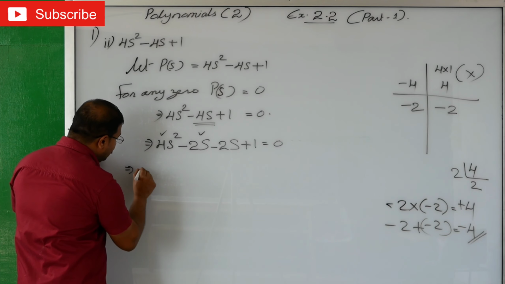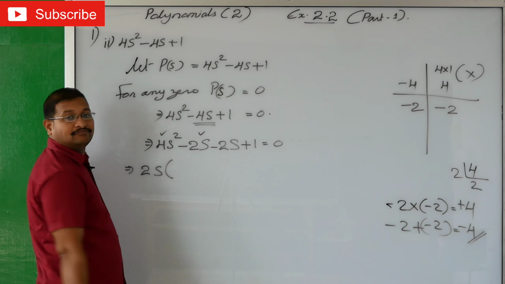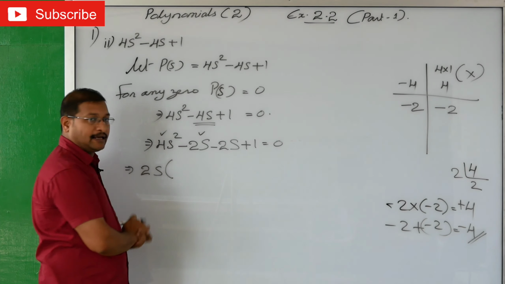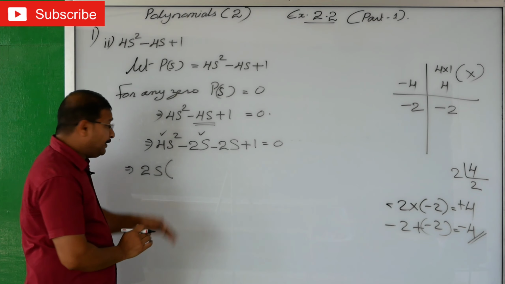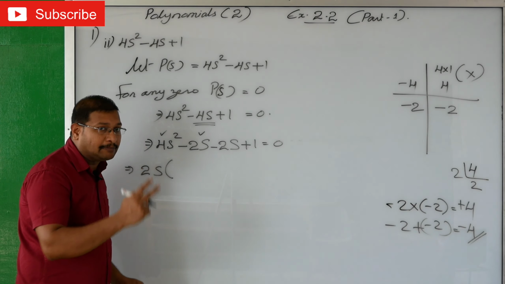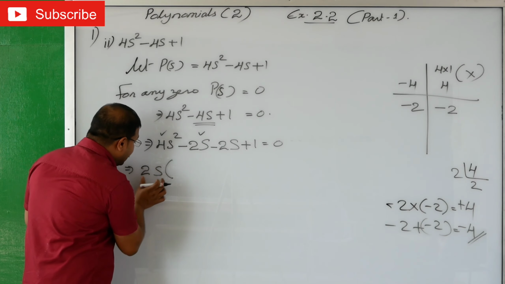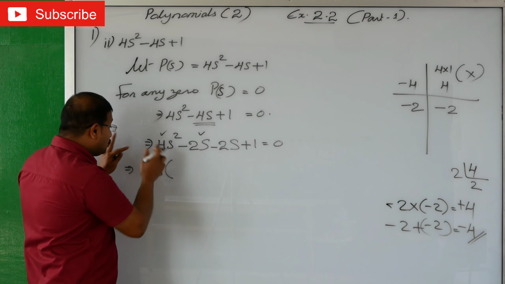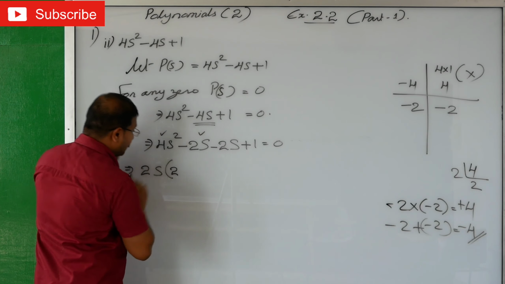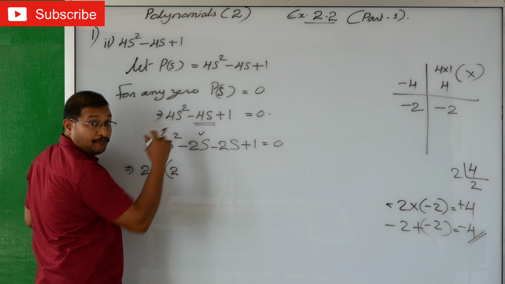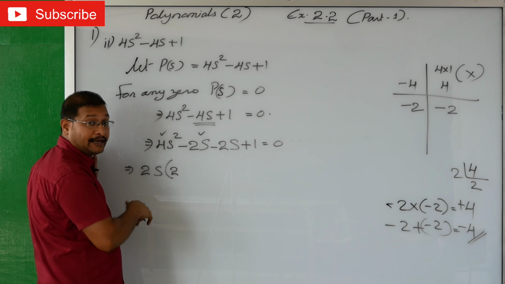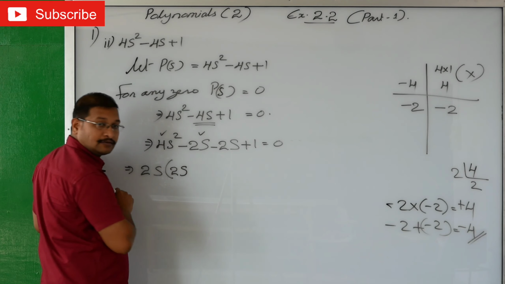Yeah, we will take 2s as the common, because 4 is here, 2 is there. S square means 2s times s. So from these two, we are taking 2s outside. 2 into how much you will get 4? 2 2s are 4. From s square, from 2s, we are taking 1s outside. Then the balance is 1s.